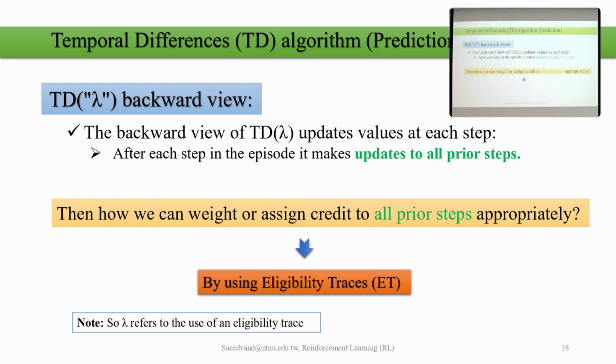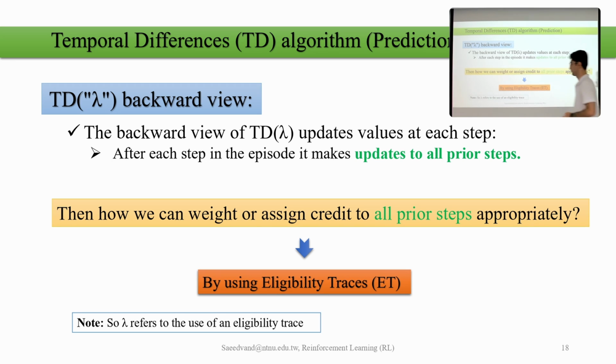Then the question is how we can weight or assign credit to all prior steps approximately. In order to do that, we are using eligibility trace, or ET, a new kind of calculation to see how much credit we can give to change the values.